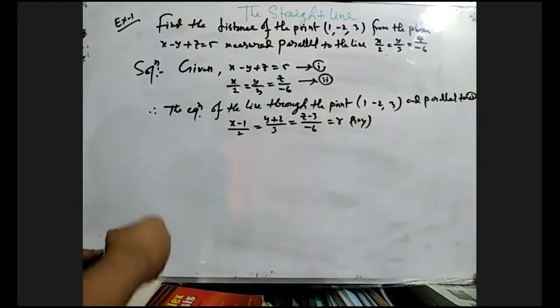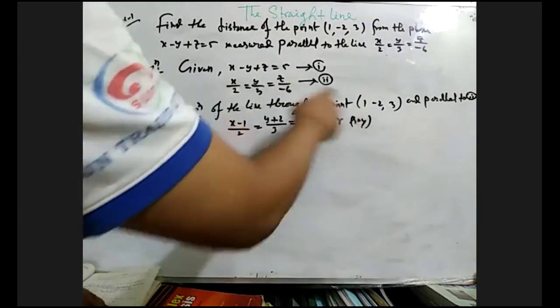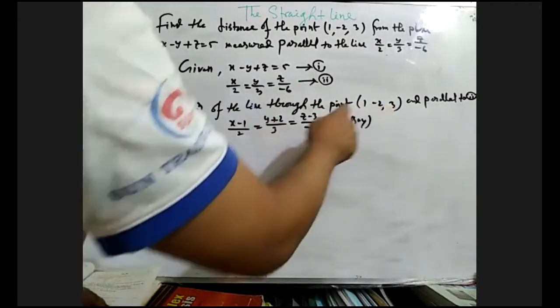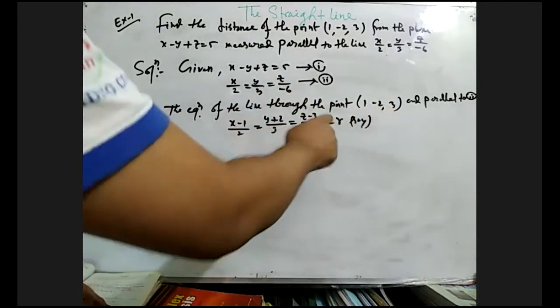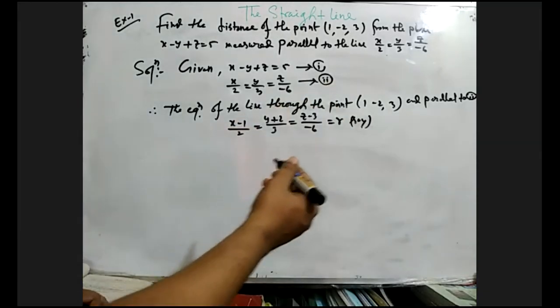Actually, this one is from this point: x minus 1, y minus 2, that means y plus 2, and z minus 3 divided by minus 6. And this ratio equals R. So this is equation number 3.